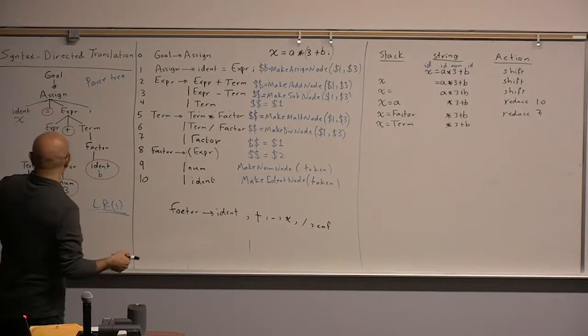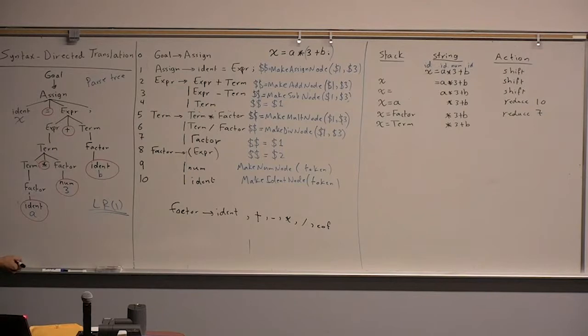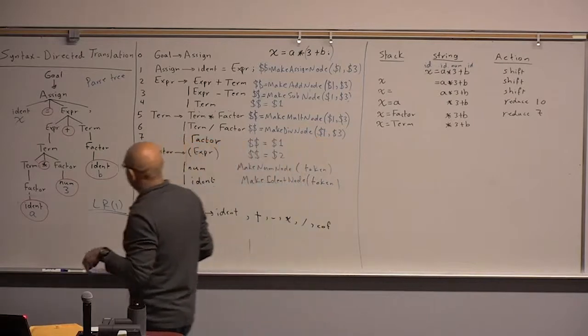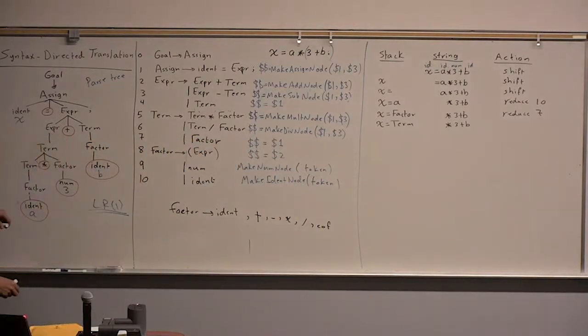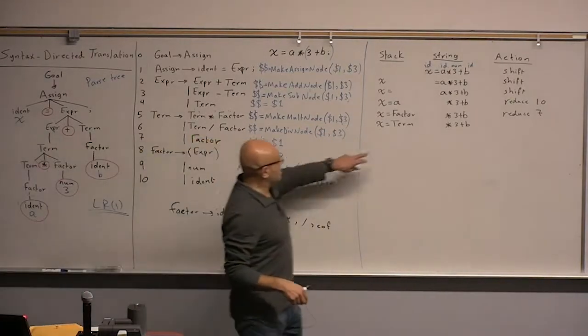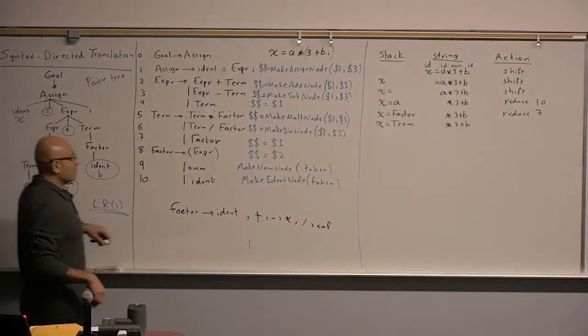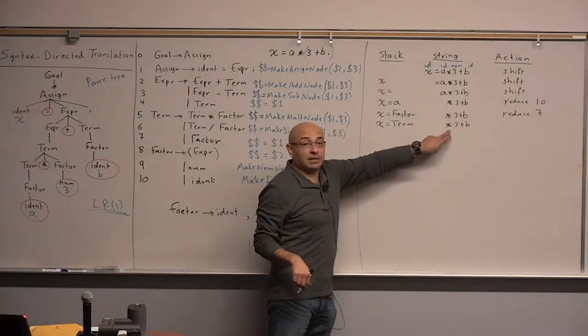Now, will this term get reduced to an expression at this point? No, it will not reduce this term to an expression. Why? Because of the look ahead. We have a look ahead of multiply.